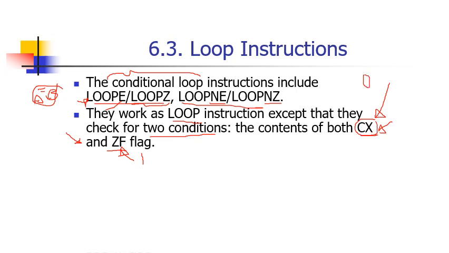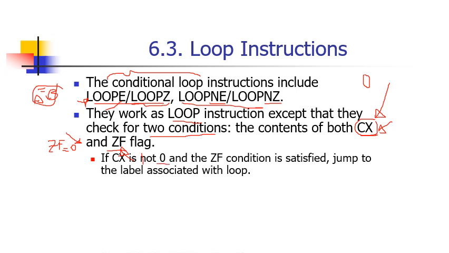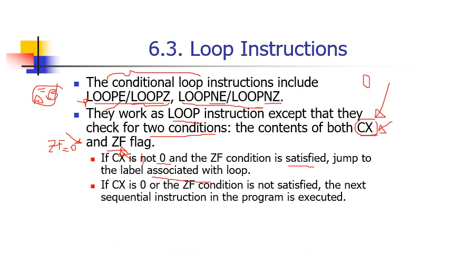If it's a 0, you terminate the loop. If the numbers are not equal, which means the 0 flag is not set, you terminate your loop. So if Cx is not 0 and the condition is satisfied, you do the loop. If Cx is 0 or the condition is not satisfied, you terminate your loop and go to the next sequential instruction.